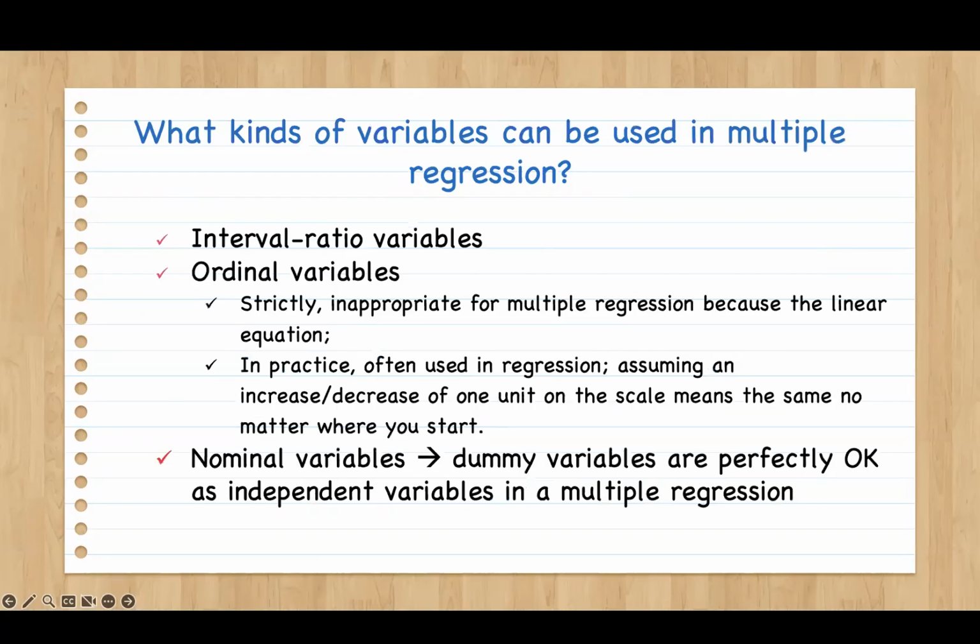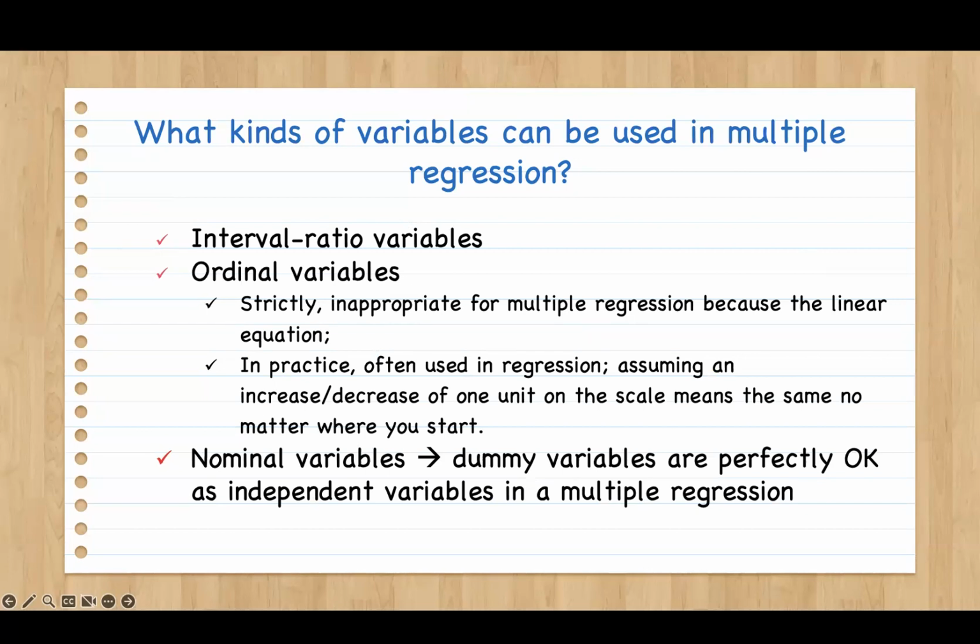Okay, so what kinds of variables can be used in multiple regression? This is not knowledge you are going to read for an academic paper, but you may use it afterwards when you have your own data. Interval ratio variables are good for multiple regression. Ordinal variables are also good.